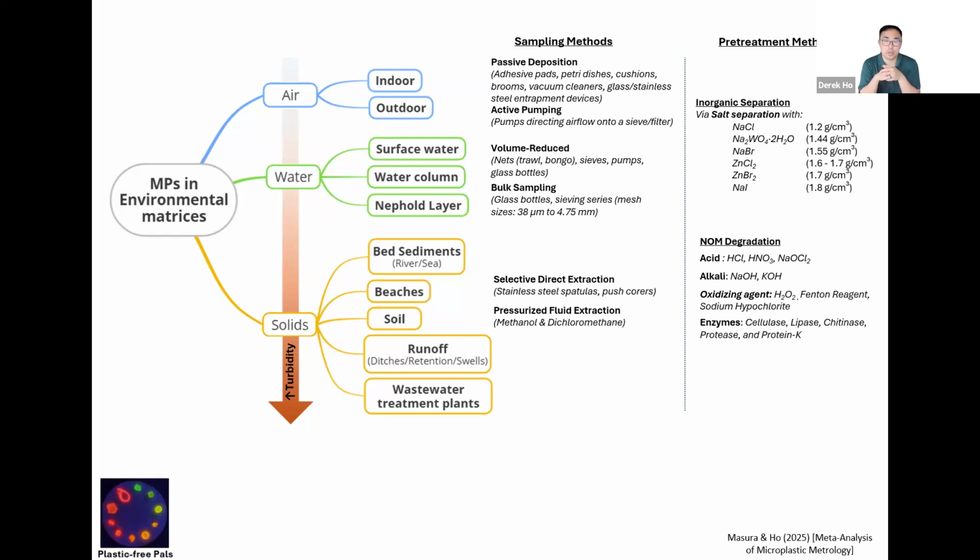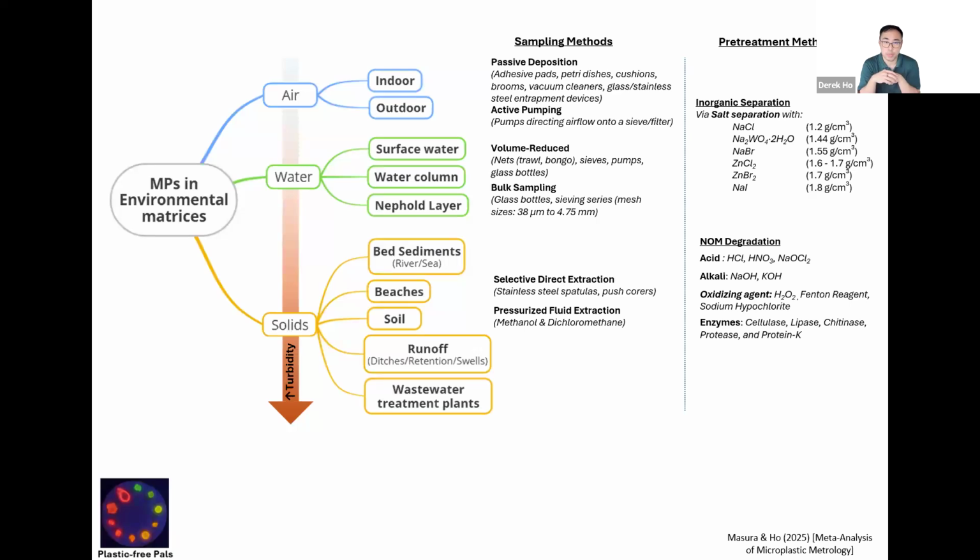Here, because of how dilute all these samples are, we have to use a volume-reduction technique using nets, sieves, and pumps to reduce all the water down and to collect all the samples. We could also use bulk sampling, which typically involves using glass bottles and then sieving it sequentially through different meshes.